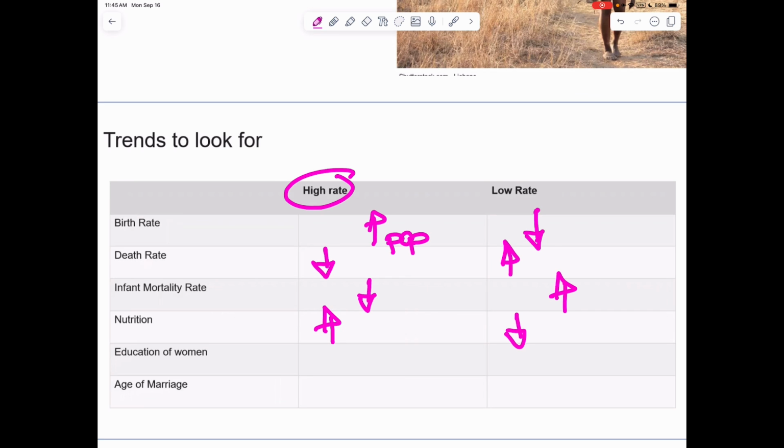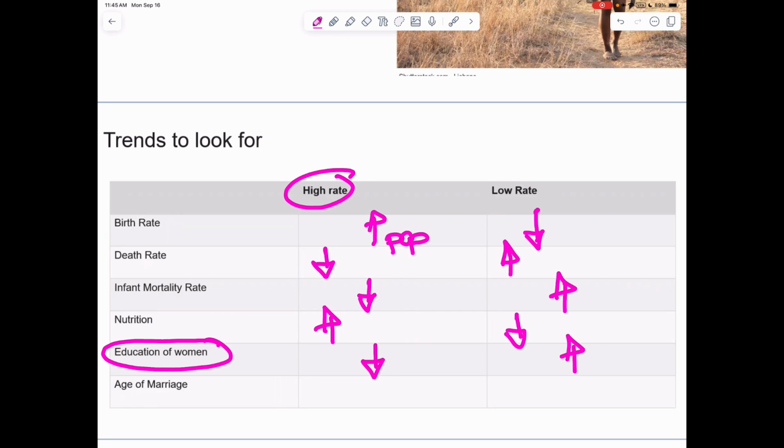Education of women. This is something I definitely want you looking for. When we talk about some other indicators, education of women has the largest impact on the growth rate for a population. When we increase our education of women, then our population will decrease. And when we decrease the education of women, our population increases.